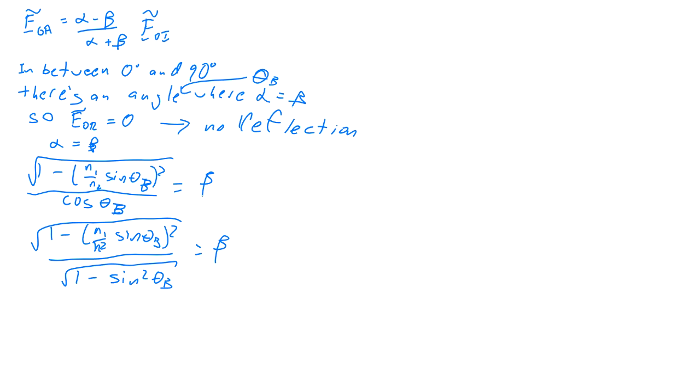So would you believe that we can isolate our theta b in all this right here? So here, math, algebra, right? And we could write this now as sine squared of Brewster's angle is equal to 1 minus beta squared.